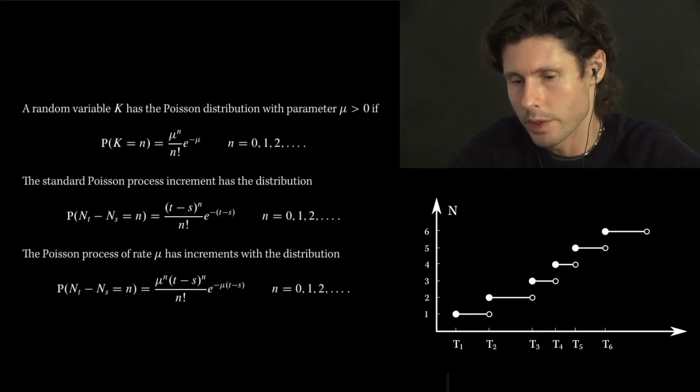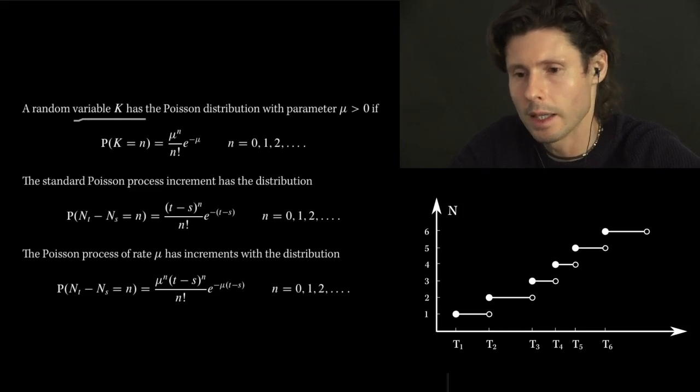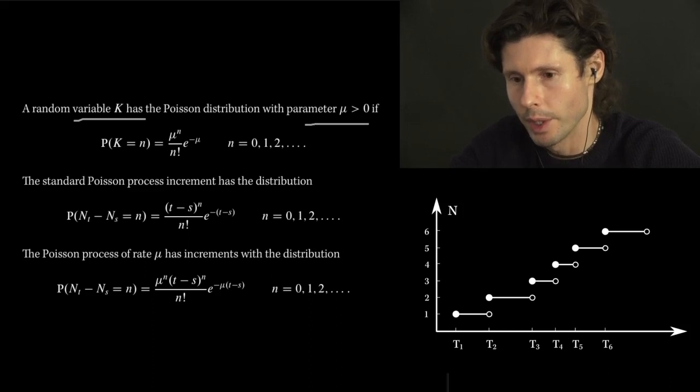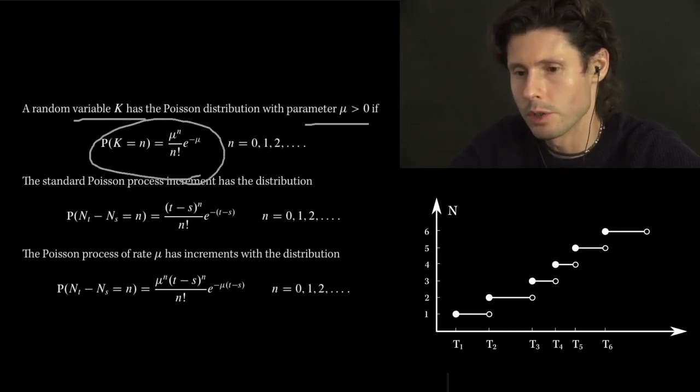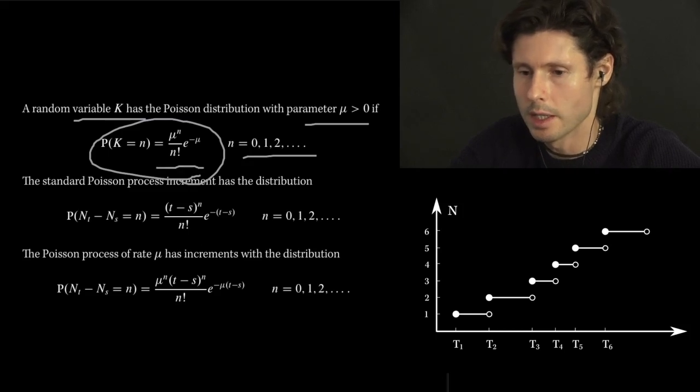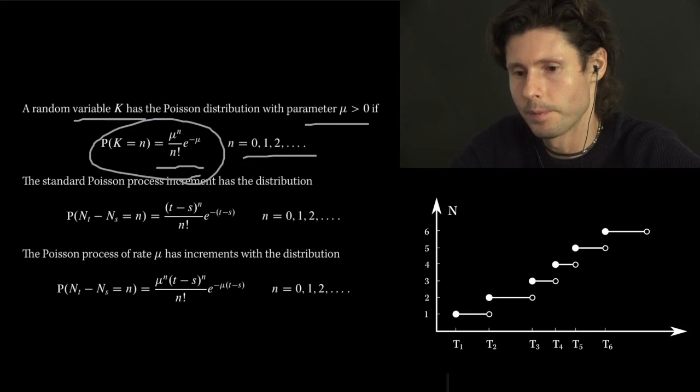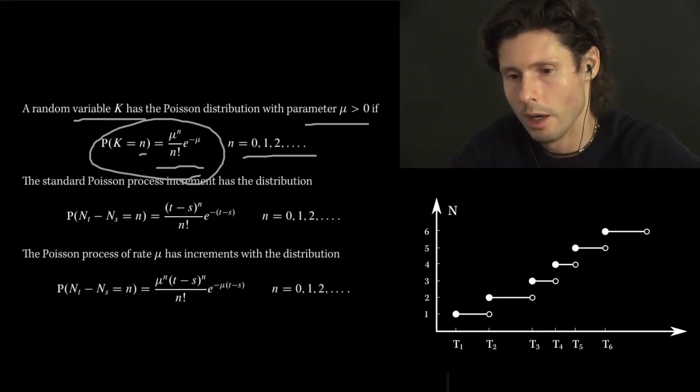So if you have a Poisson random variable k, and it has a parameter, sometimes called the rate mu, this would be the associated probability distribution function. So the values allowed are natural numbers, 0, 1, 2, 3, and so on. And these are the probabilities that it assigns to each number. So you can see that when n becomes large, this probability should become very small, and so on and so forth. I'll have a picture on the next slide.